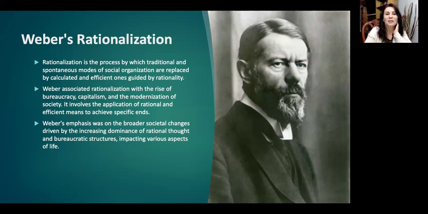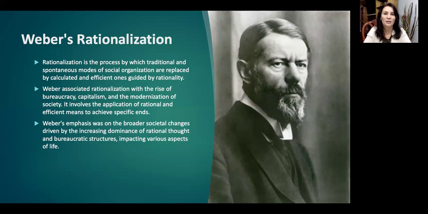He associated rationalization with the rise of bureaucracy, capitalism, and the modernization of society. It involves the application of rational and efficient means to achieve specific ends. So he also talks about the iron cage, though I don't have it on my PowerPoint.